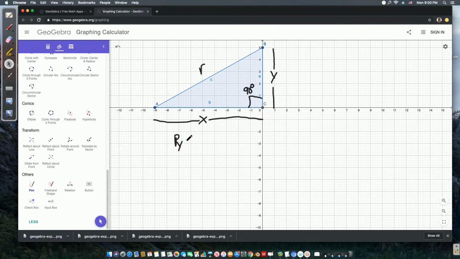Let's spell it out. What it says is that we take the square of the x's plus the square of the y's, and it will equal the square of r.